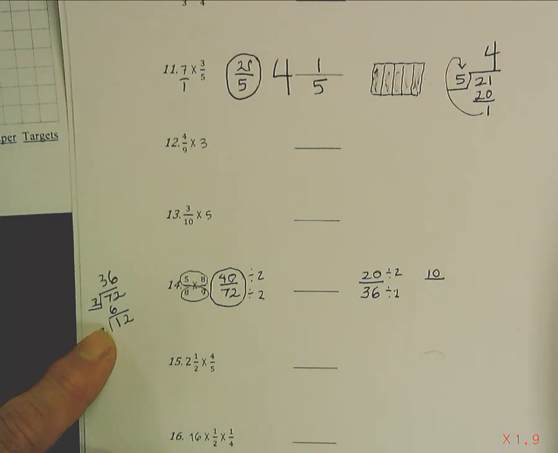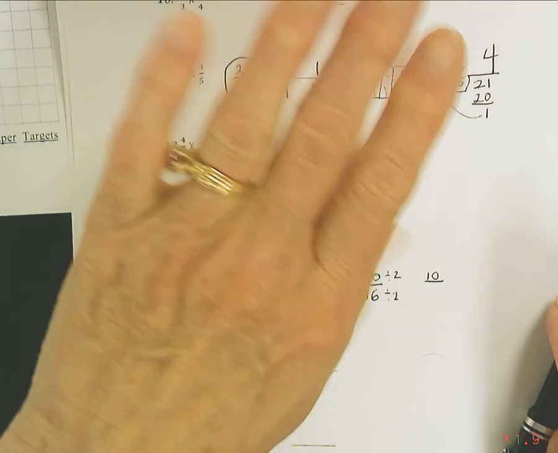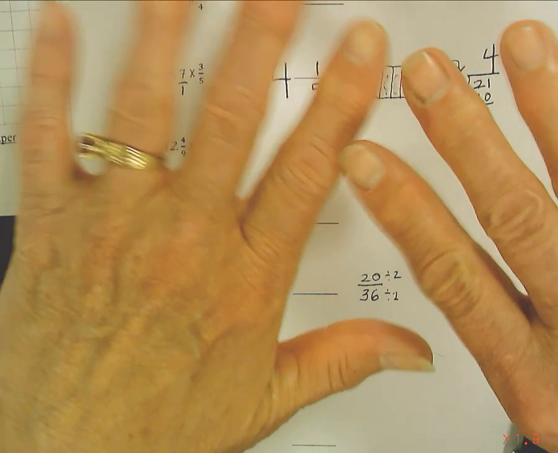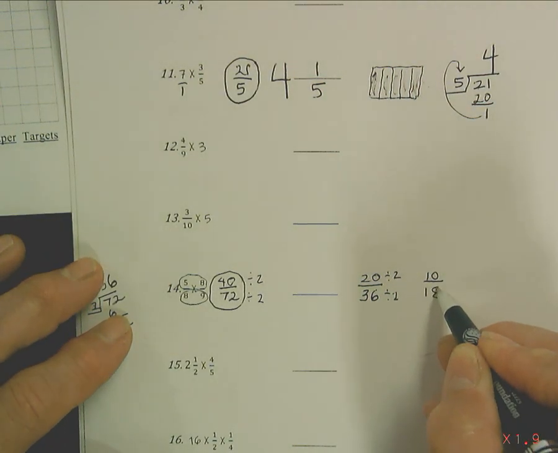Subtract, you get 1. Bring down the 6. How many times will 2 go into 16? 2, 4, 6, 8, 10, 12, 14, 16. So that's 8 times. All right, so the bottom number is 18.